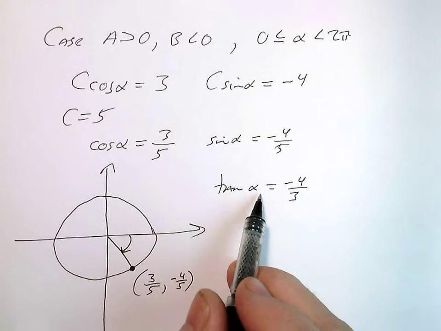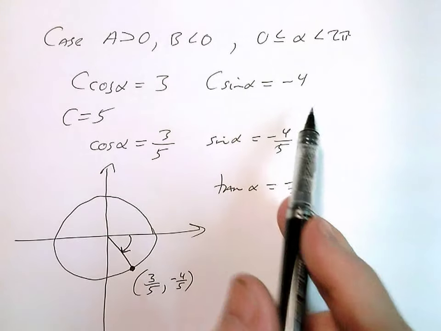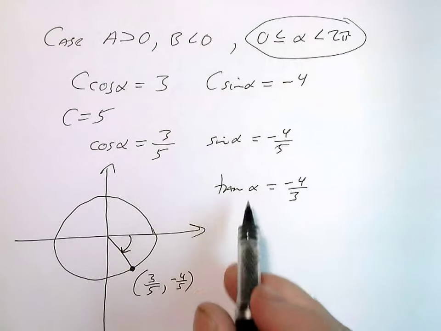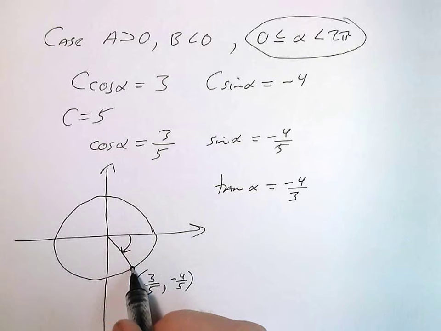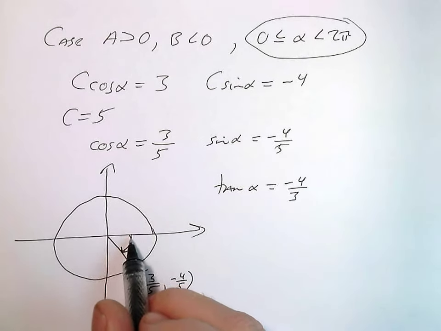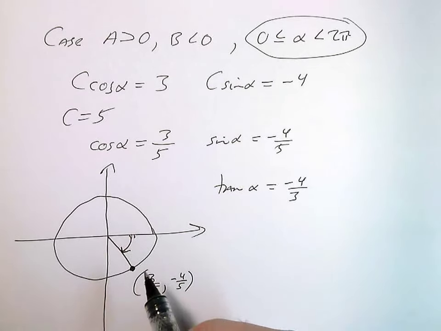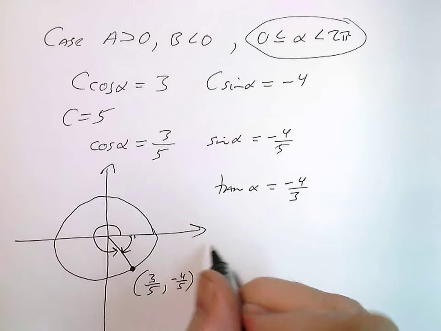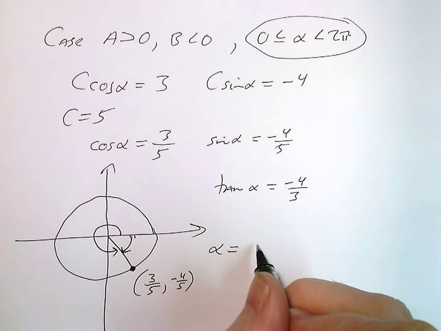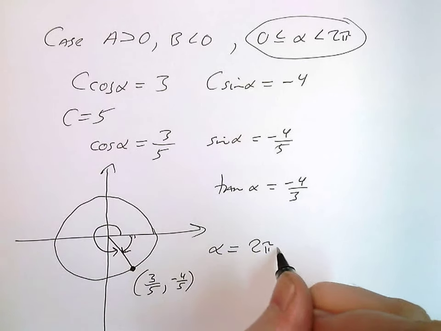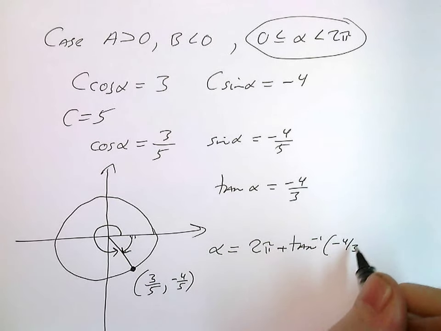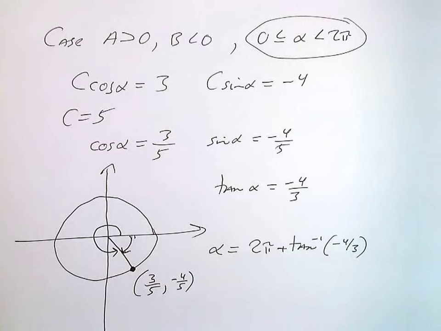This alpha will give me the right point, but is not going to satisfy this here because the arctangent of this negative number is going to be a negative angle, between 0 and negative pi over 2. So if I want to go from here all the way around there, my alpha is going to be 2 pi plus the arctangent of negative 4/3. Okay, so that's supposed to be a 2 pi there.